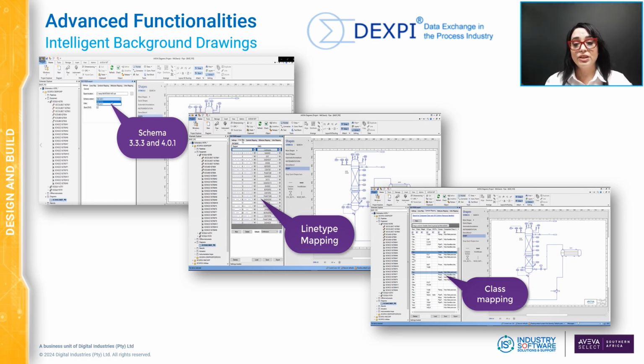DXP interface feature, imports and exports, is part of our regular product. Improvement has been released since the first iteration to support the new schema, line type, class, or attribute mapping, and ongoing improvements on the user interface and symbol mapping to the component class and URIs, as well as fixing of known issues.